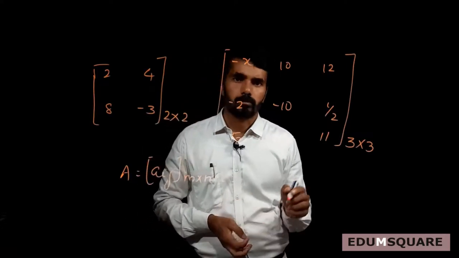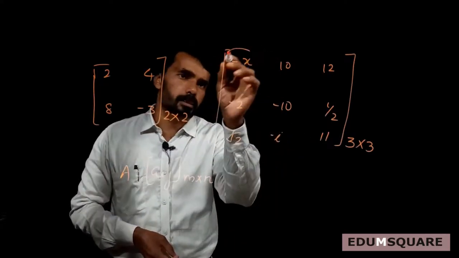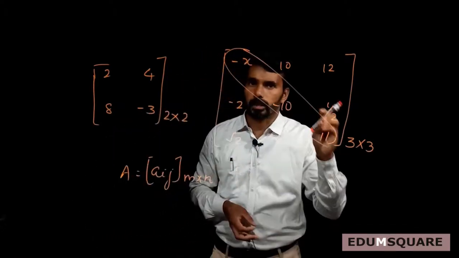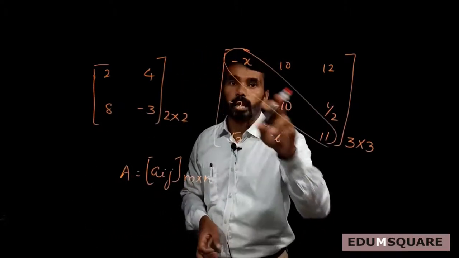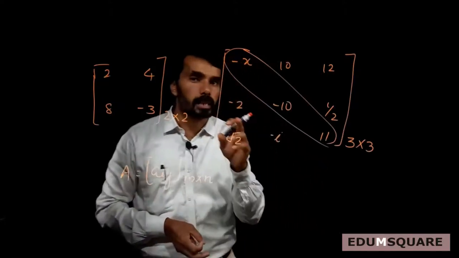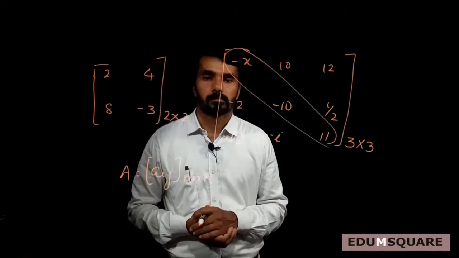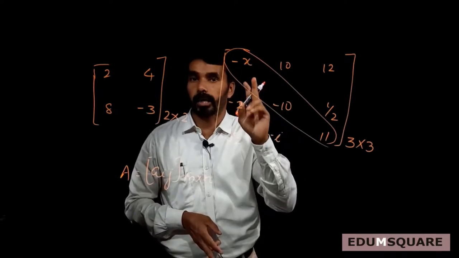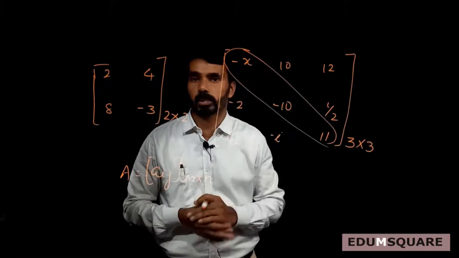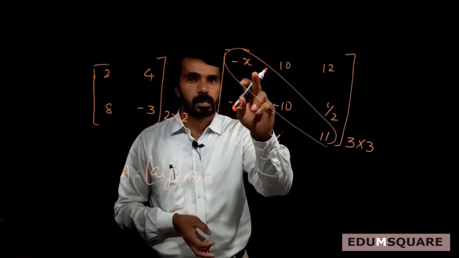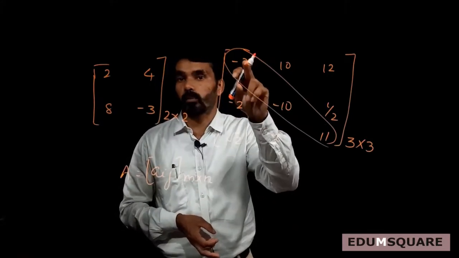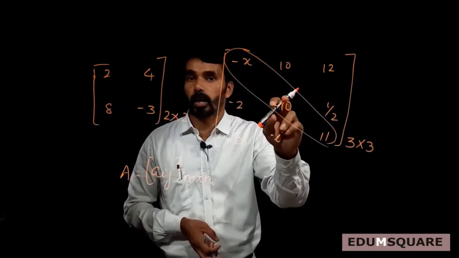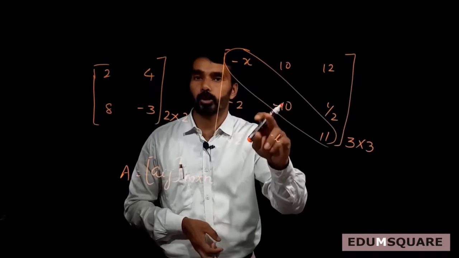Now, in a square matrix, these elements constitute its diagonal. That is, here minus x is the element or entry in the first row and the first column. That is, this is A11. Now this is the element in the second row and second column, so this is A22.